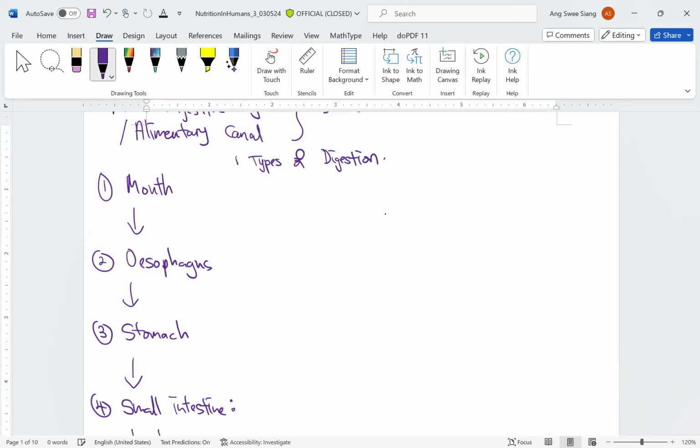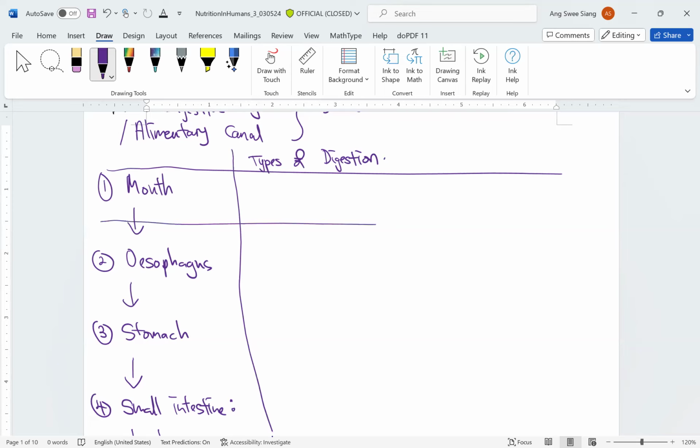If you were to write for the first one, in the mouth, what are the types of digestion? You have physical, you have chemical.